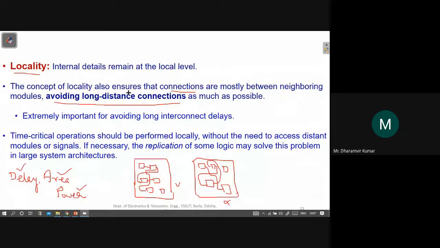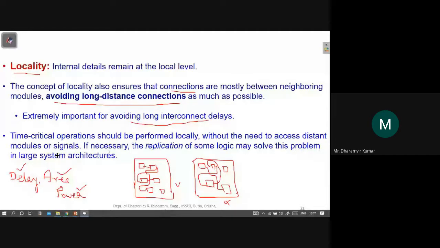Okay, so this concept has a great impact on the overall performance of the chip. Okay, so this is extremely important for avoiding long interconnect delays.